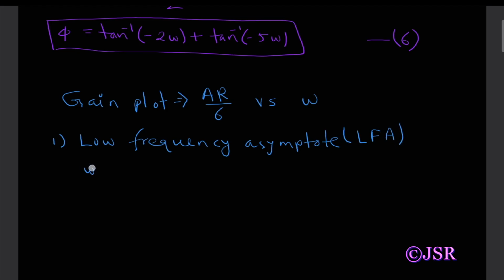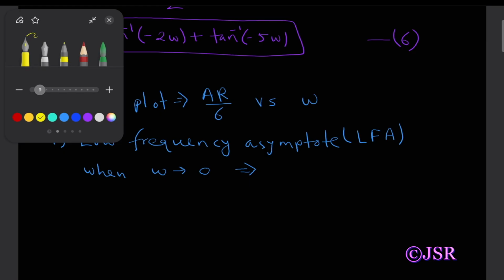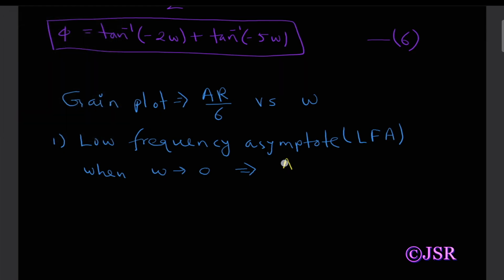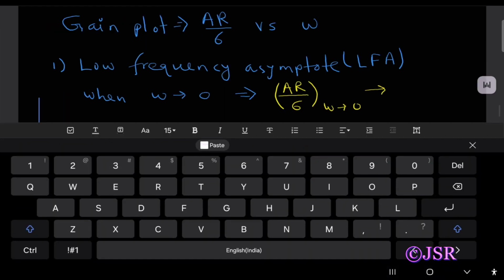So when omega tends to 0, we have to find the value of AR by 6 when omega tends to 0. So here we will copy equation number 5.